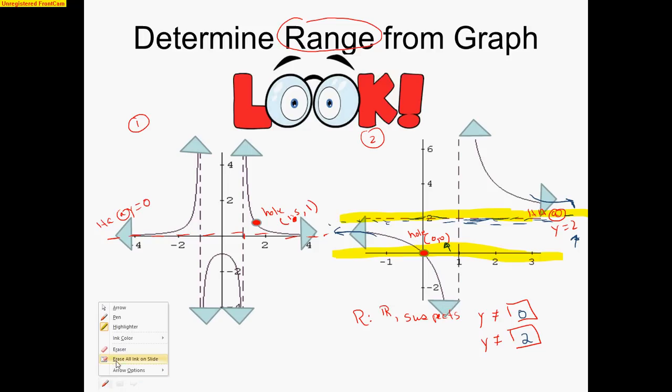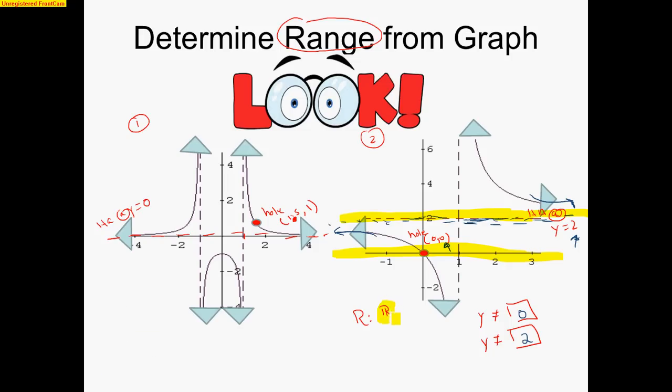Therefore, both of these suspects were convicted. And my range is all real numbers without, and you have to kick out 0 and 2. Now remember, what does this mean? This is going to be important for the next one.